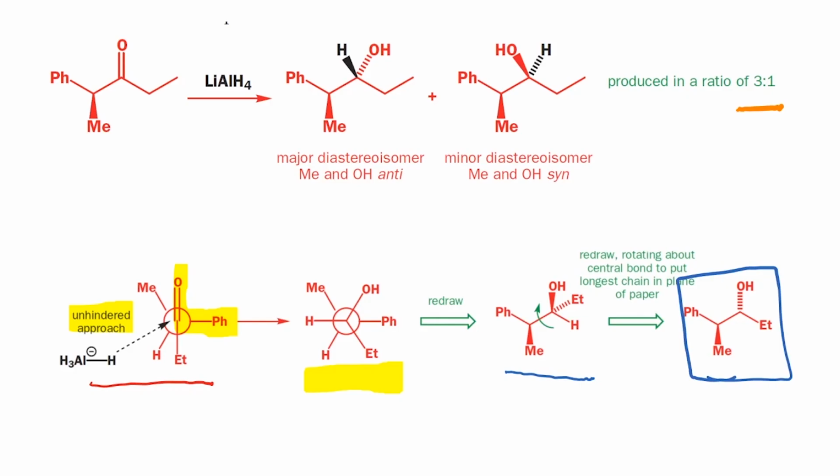Okay, now as I mentioned here, this is called the Felkin-Anh model. Now there are other models which are developed completely based on observation. That is, you get this ratio of major to minor, and you can develop a model which doesn't have a clear logic to it, but still accounts for the formation of the product.